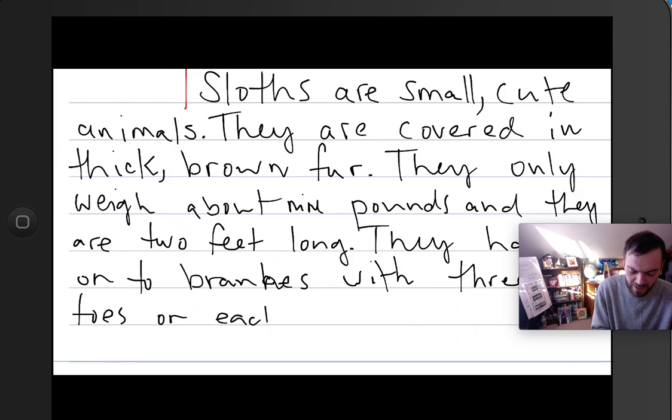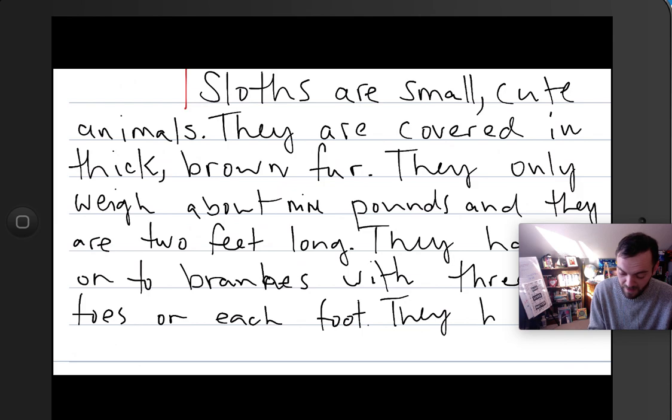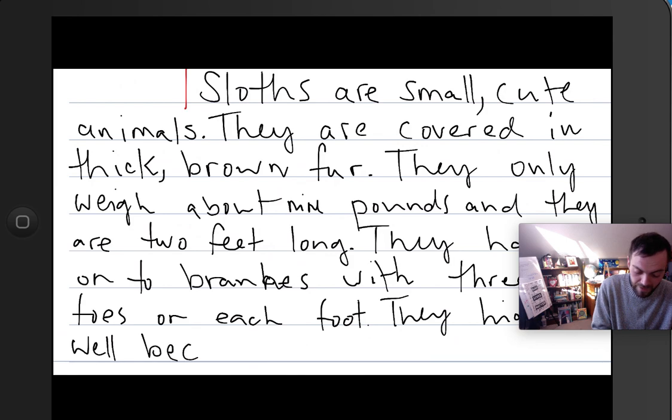And last but not least, maybe they hide well because they grow moss in their fur.